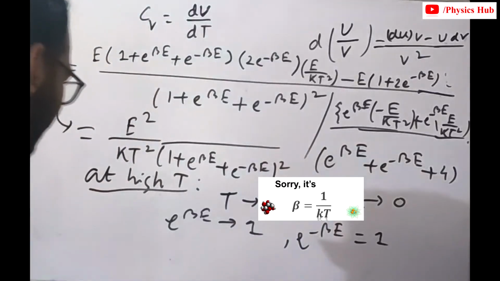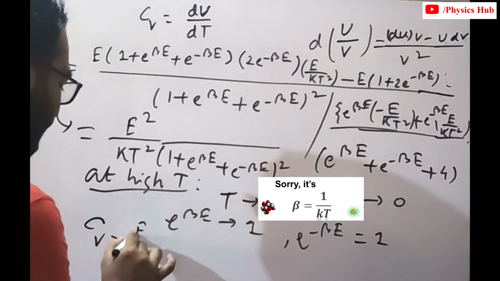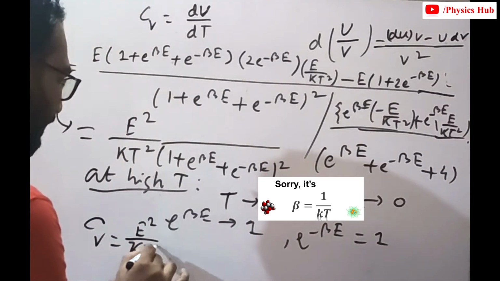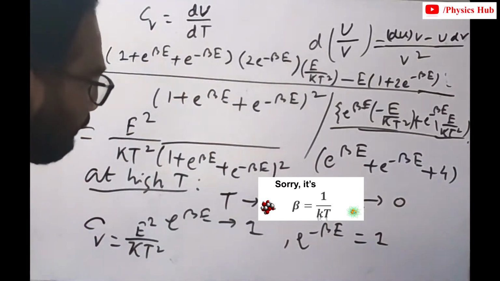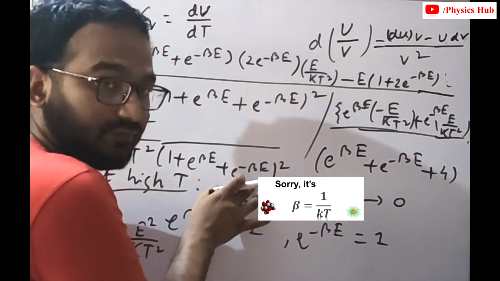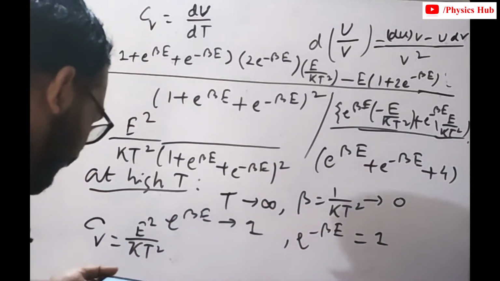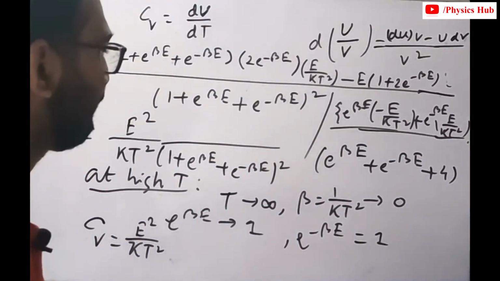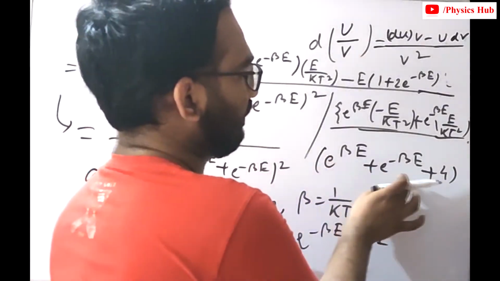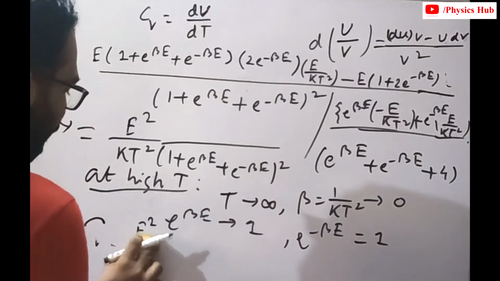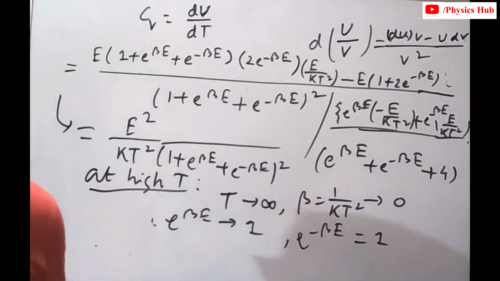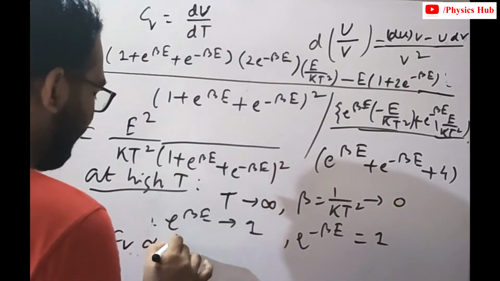So in this limit you can write that Cv equals E square by kT square, and this 1 plus 1 plus 1 is 3, square means 9. And here also 1 plus 1 plus 4 is a constant, so we can write that Cv is proportional to 1 by T square.